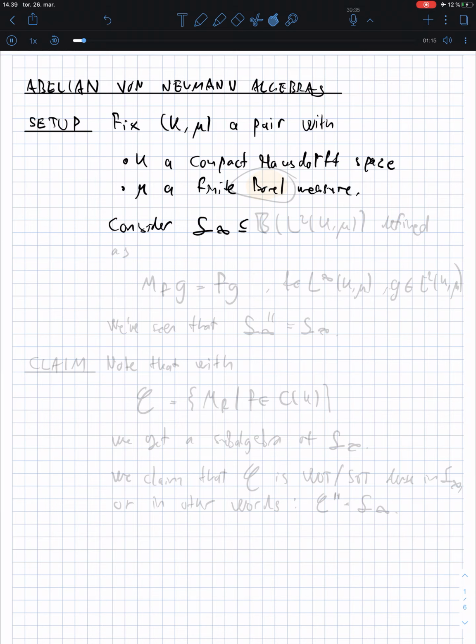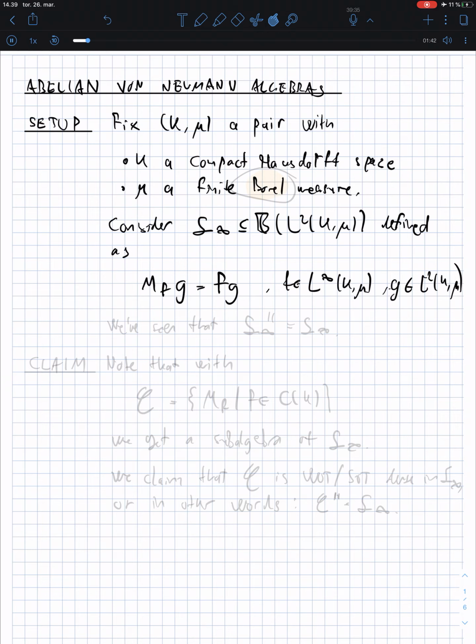L infinity, a family of operators on L2 of K mu, defined as M_F G is F G, where F comes from L infinity K mu and G comes from L2 K mu.